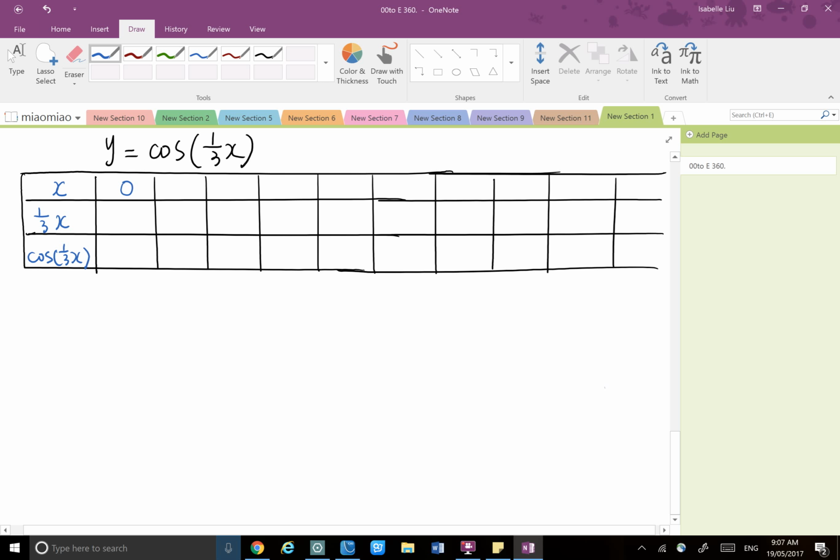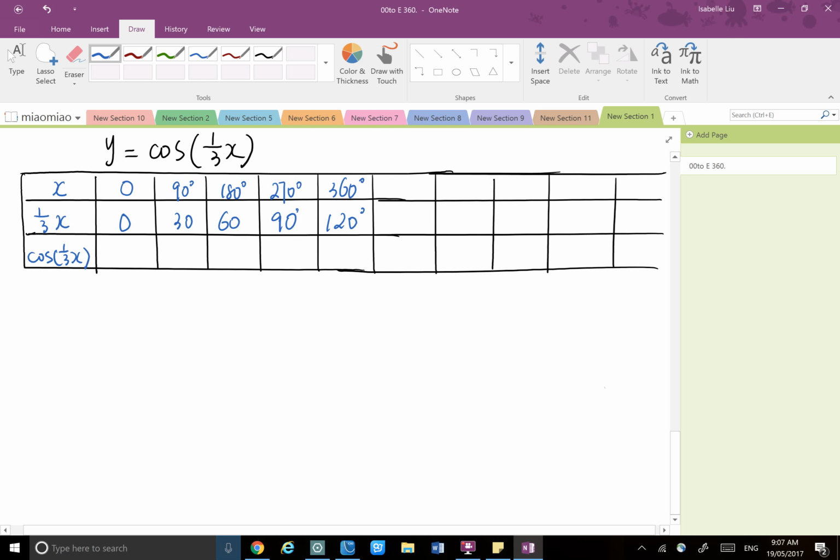Before, the special angles were 0 degrees, 90 degrees, 180 degrees, 270 degrees, and 360 degrees. Now I will have a third of that: 0, 30 degrees, 60 degrees, 90 degrees, and 120 degrees.